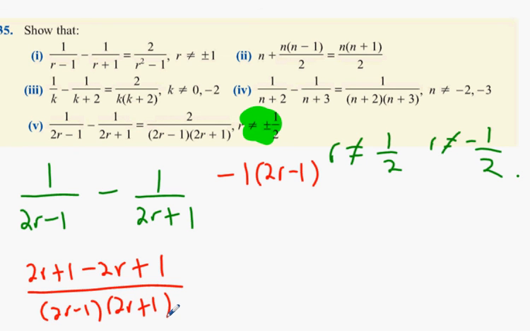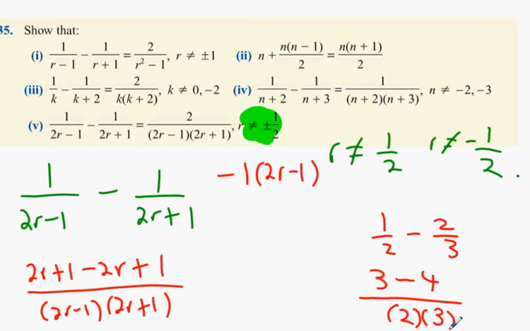Why did they go in the brackets at the bottom? In the same way, a half minus 2/3, yeah? 3 goes up to the 1, 3. 2 goes up to 2 to make 4. And the bottom is actually 2 multiplied by 3. But we would have just turned it straight into 6, wouldn't we?